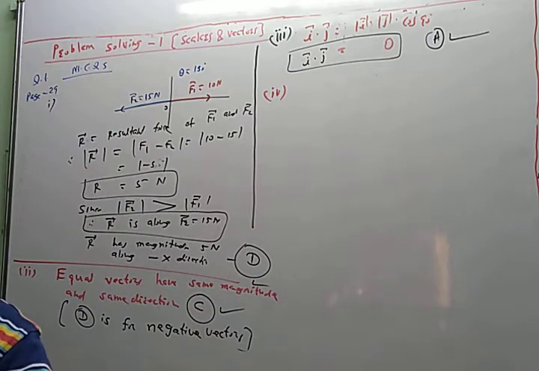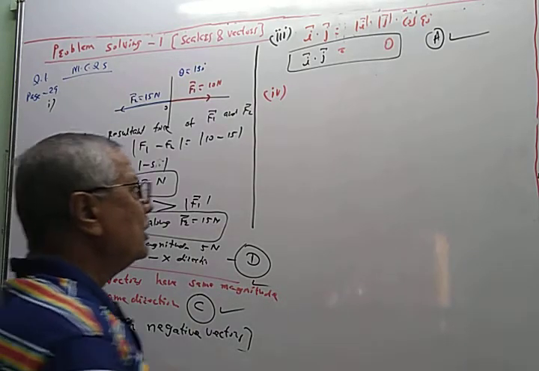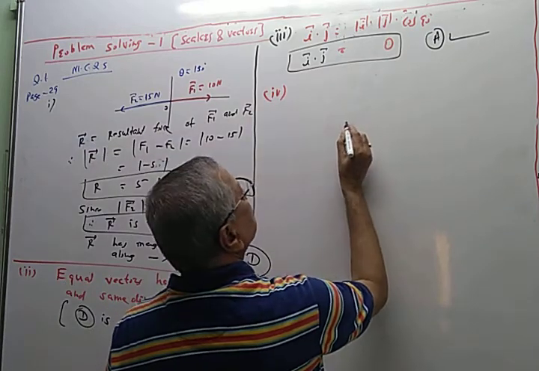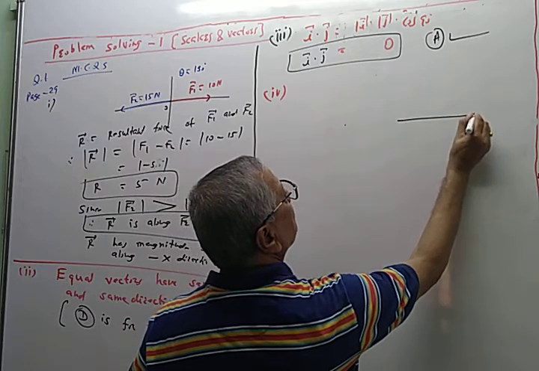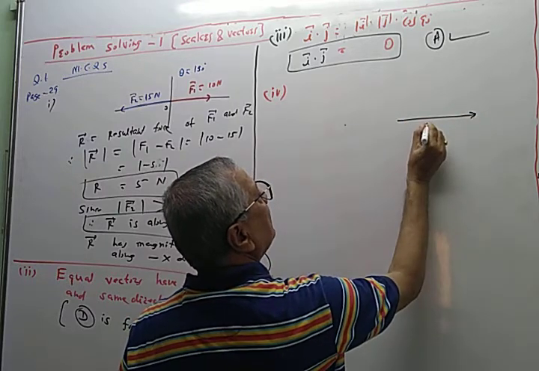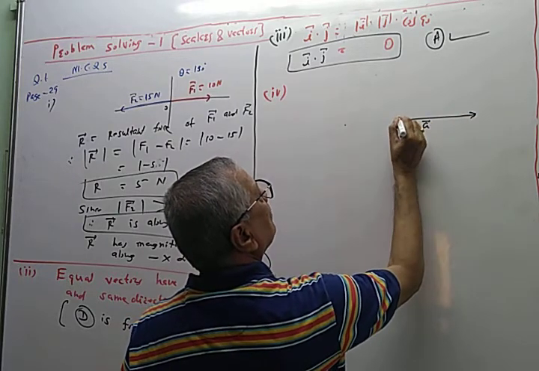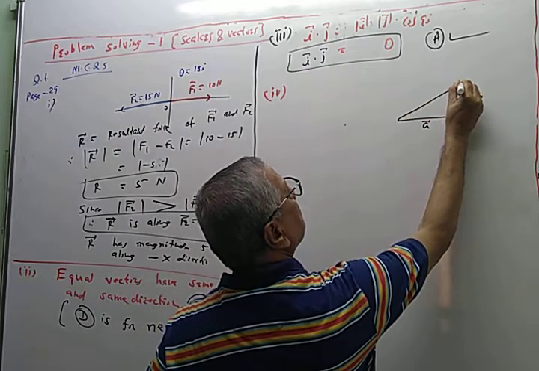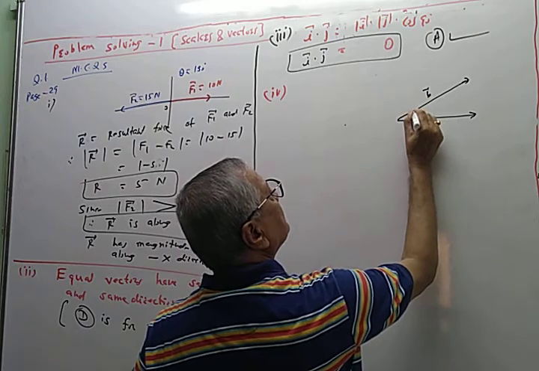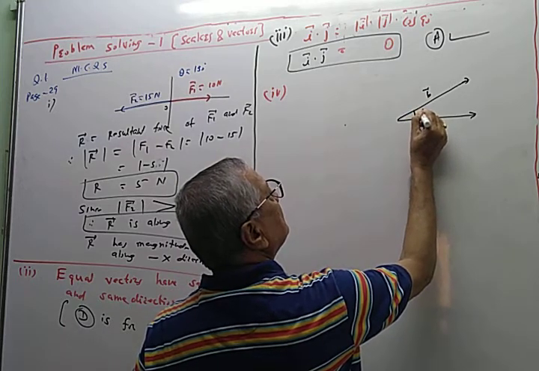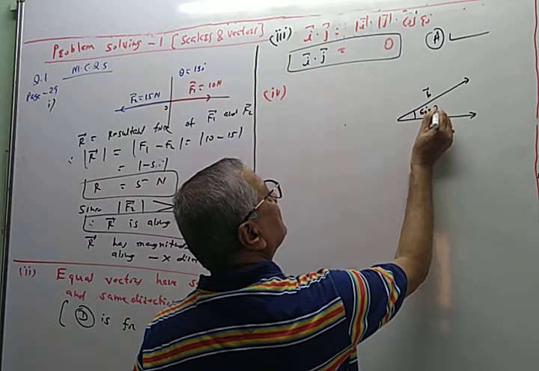So I will show by figure. Suppose the two unit vectors are like this. Say this is unit vector A, this is unit vector B, and this angle is 60 degrees, this is theta.